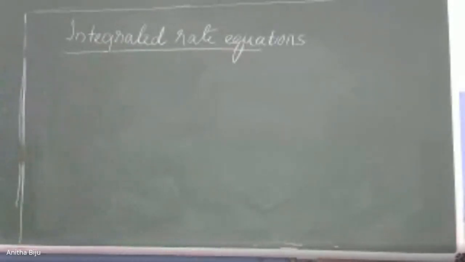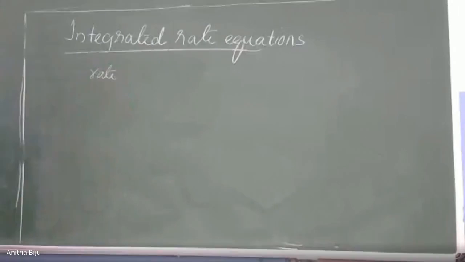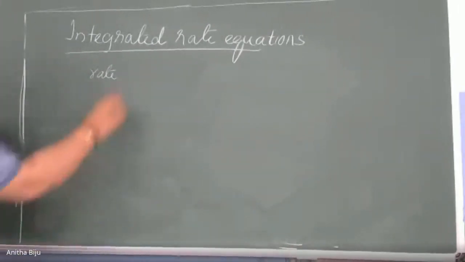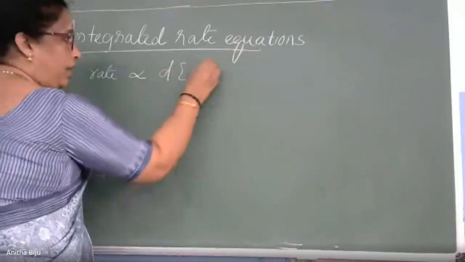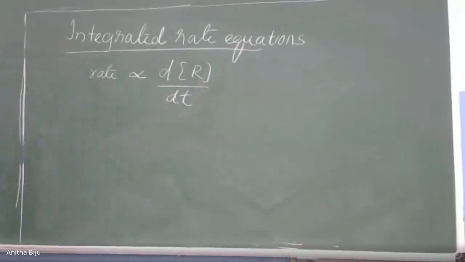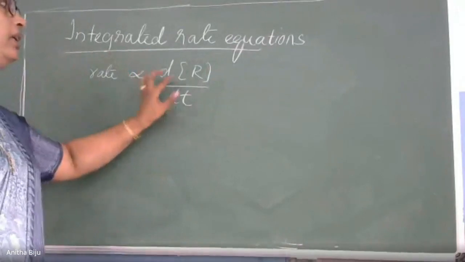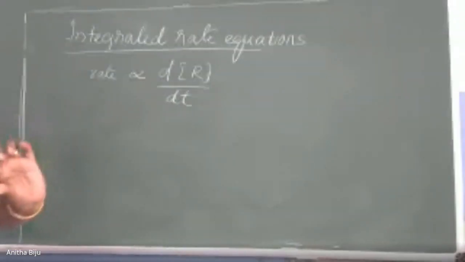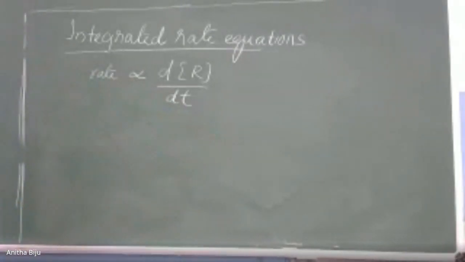So, when we focus on the instantaneous rate of the reaction, rate is directly proportional to dR by dt. dR means a small change in concentration of a reactant. dt means a small change in time.